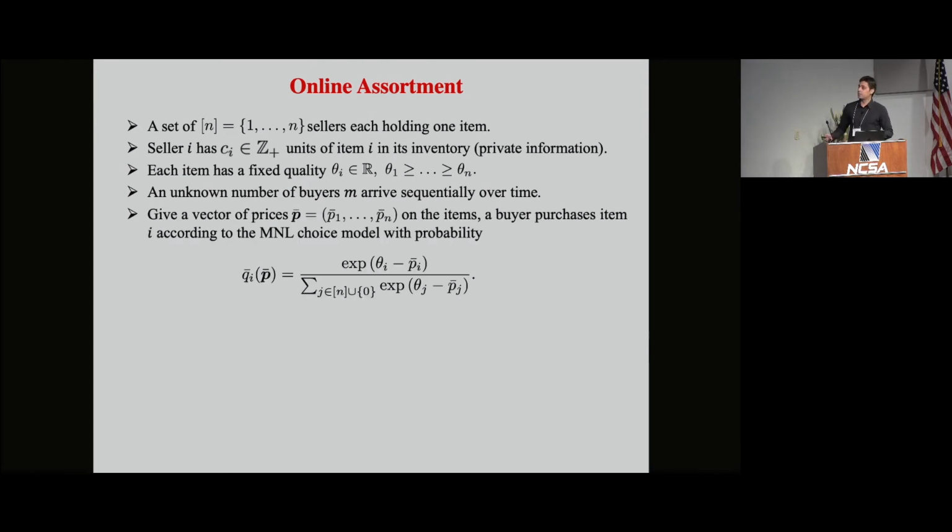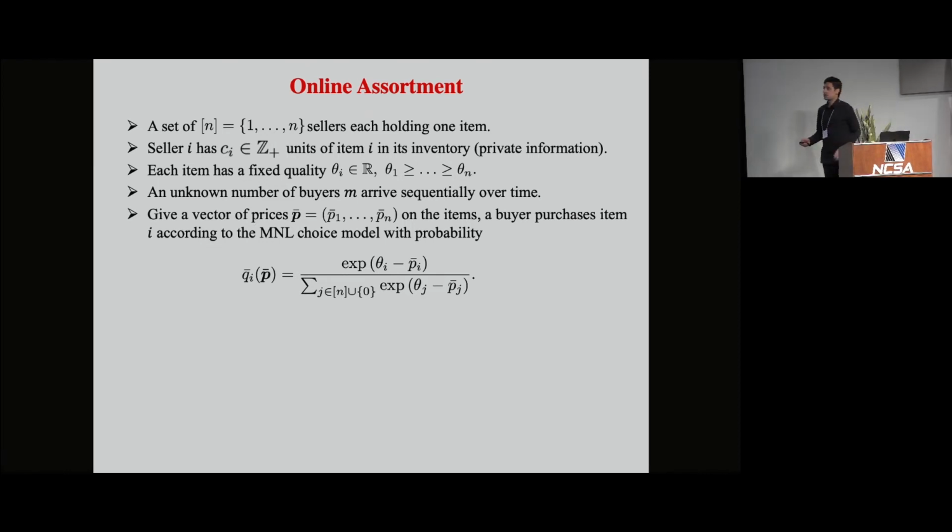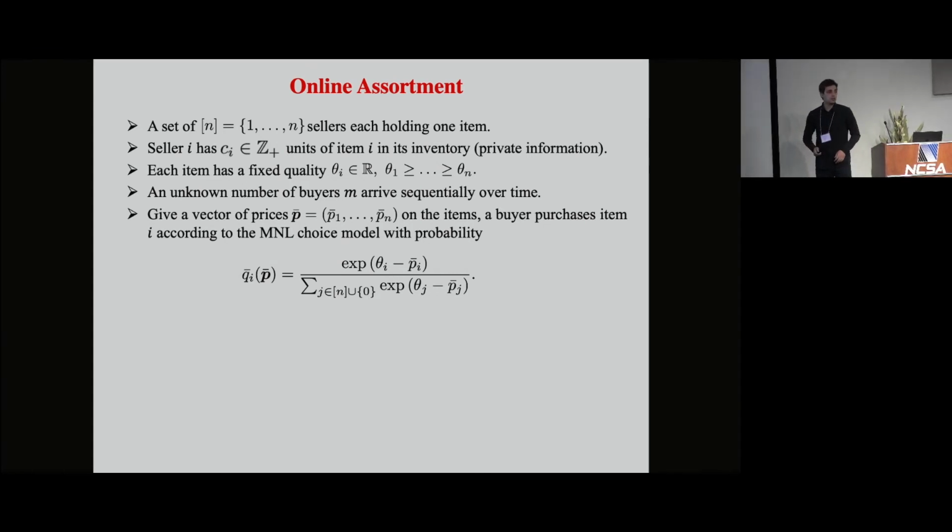And when a buyer comes, and assuming that we post some prices P1 up to Pn on the items, we assume that the buyer is going to buy that item with a probability given by the standard multinomial logit choice model, which is increasing in the quality of the items, but decreasing in the price.